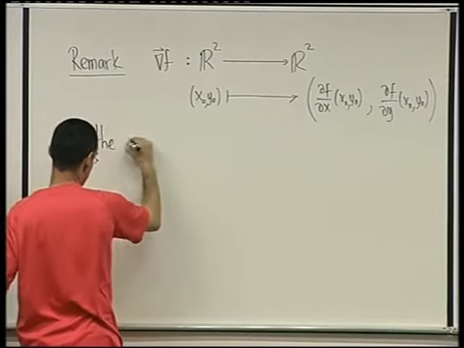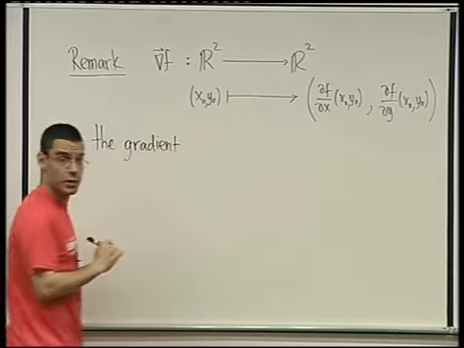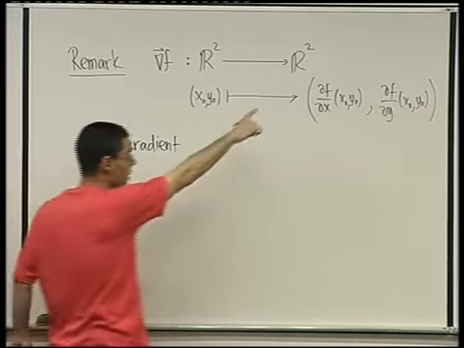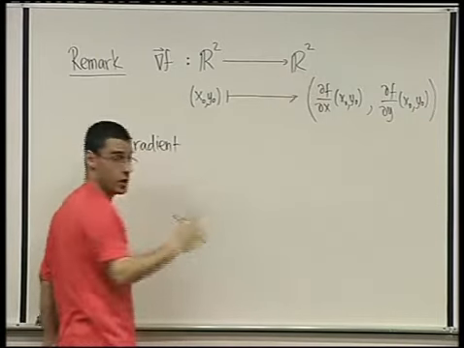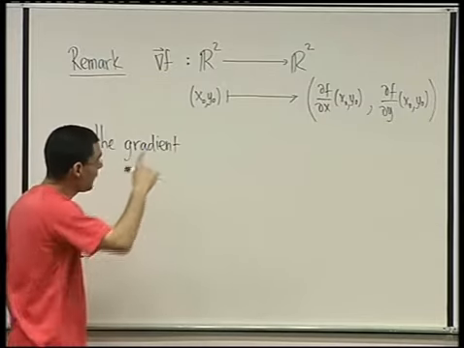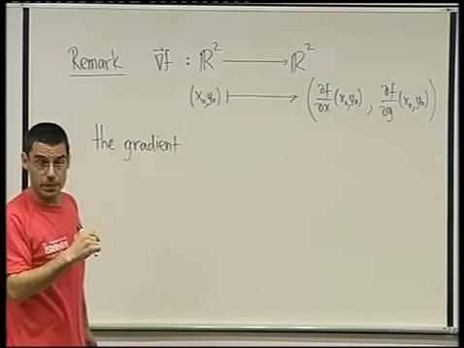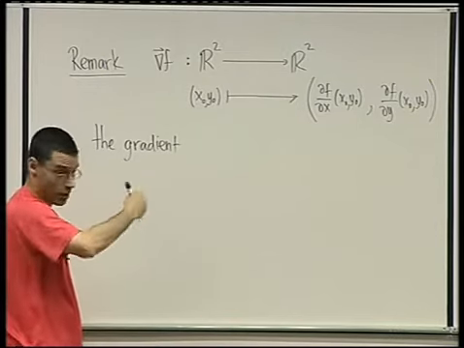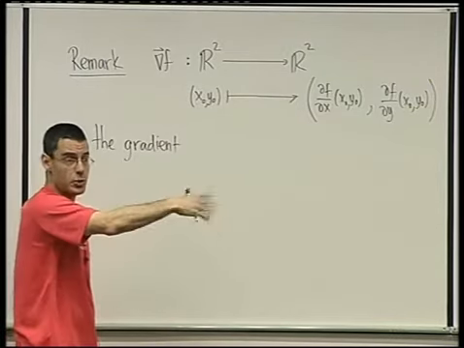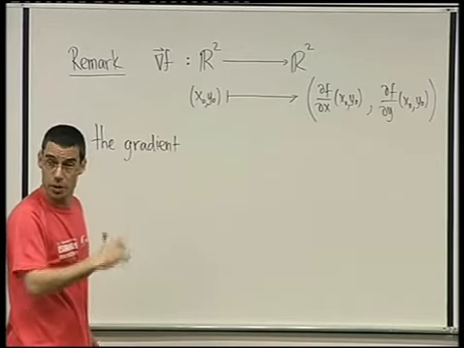The gradient is not a scalar function, right? A scalar function satisfies that the range is R. That's why it's called a scalar function. We also saw functions where the domain is R. Those were curves. Remember? Curves, the domain was R. Those were the t's. And the range was x of t, y of t, or x of t, y of t, z of t. R2 or R3.